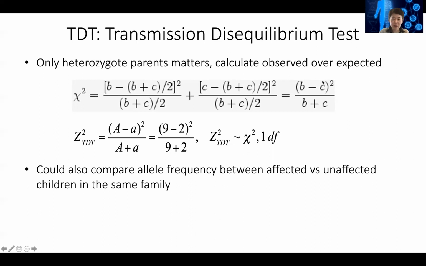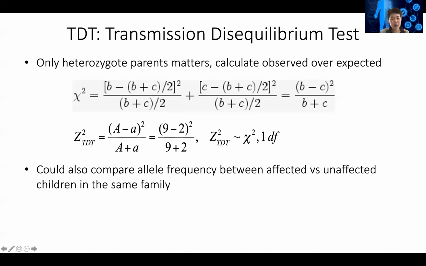Whereas if you see in this case, a big A seem to be transmitted a lot more often than a small a, then the B minus C is a significant difference. And using a chi-square test, you will see that it's a lot more different. So in this case, it's the big A minus small a squared divided by the sum of the two. And you check the chi-square table, and you will see that it's a very significant difference.